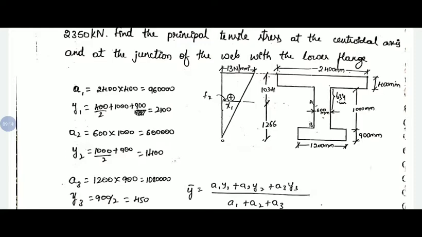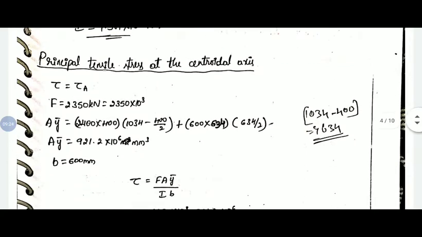Out of 2300, 1266 is the portion below the centroidal axis, and above the centroidal axis we have 1034. So for that portion we need to find the tensile stress.